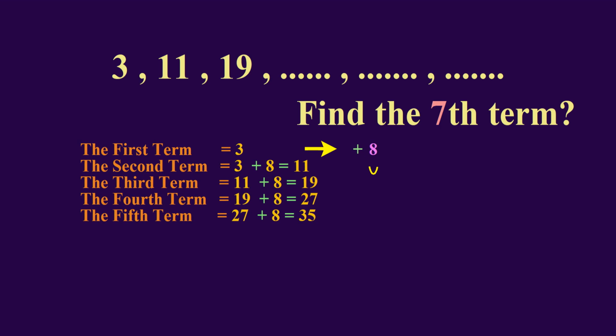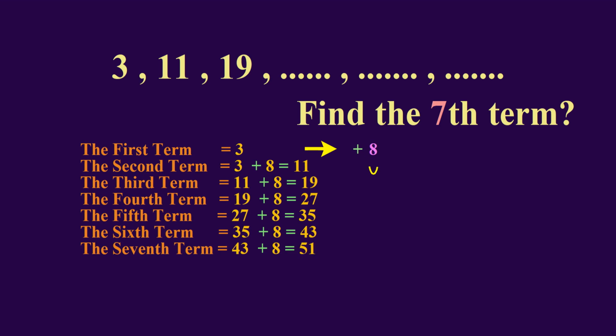By the same method, we can get the sixth term, which equals 35 plus 8, which equals 43, and the seventh term is equal to 43 plus 8, which equals 51. And in our problem, the required term is the seventh term, which equals 51. And this was the manual method solution for this problem.